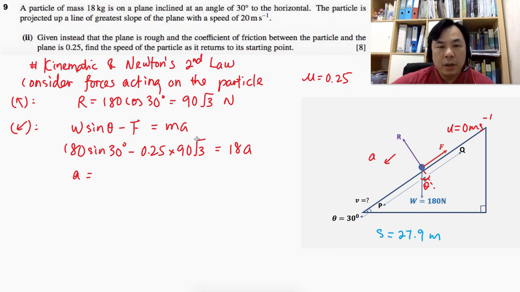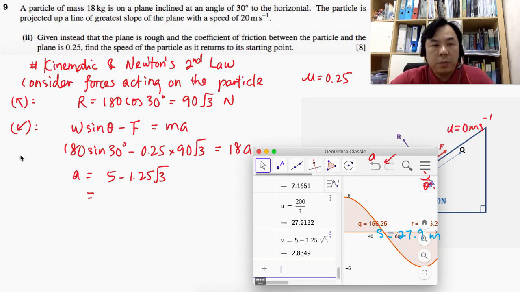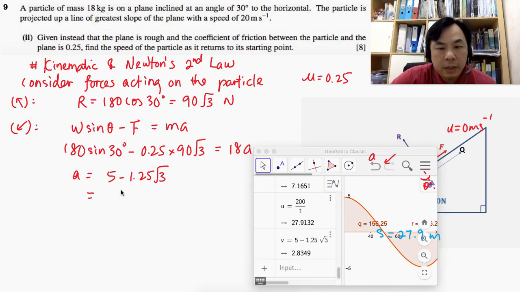We can divide by 90, that will be 5 minus 1.25 root 3. Let me get my calculator. That gives an acceleration of 2.835 meters per second squared.